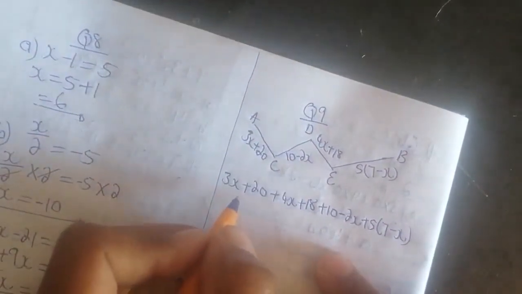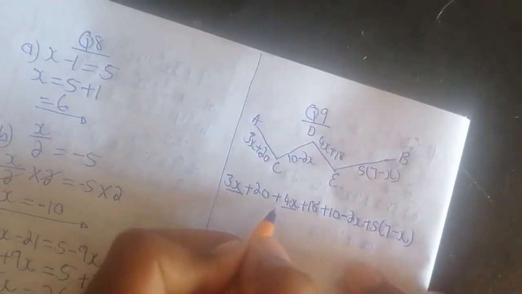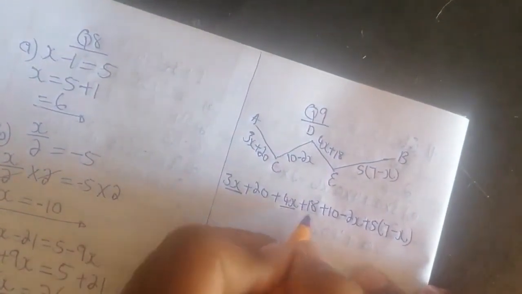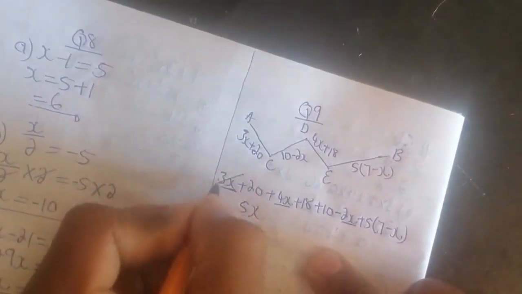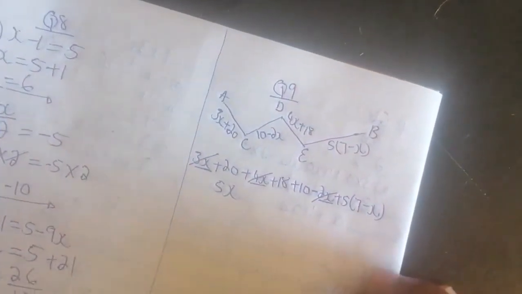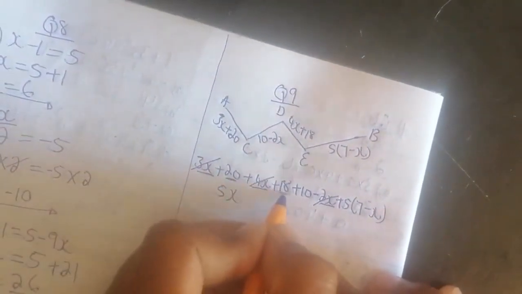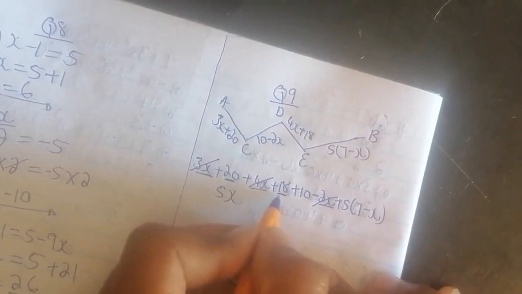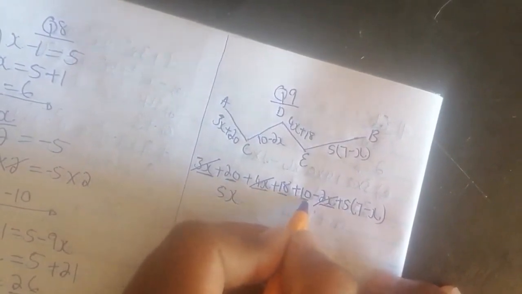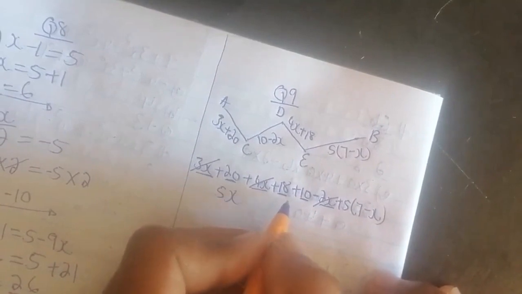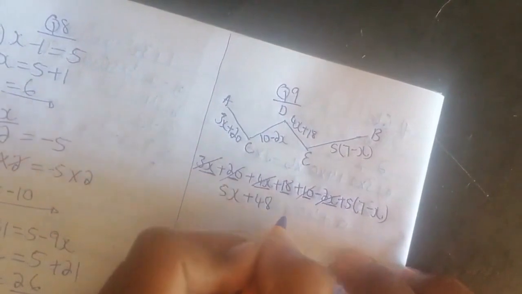And then what I can do is say, okay, 3x plus 4x is 7x. 7x minus 2x is 5x. So let me just do this to show that I'm done with those. 20 plus 18 is 38. And then 38 plus 10 is 48. So I have 48.